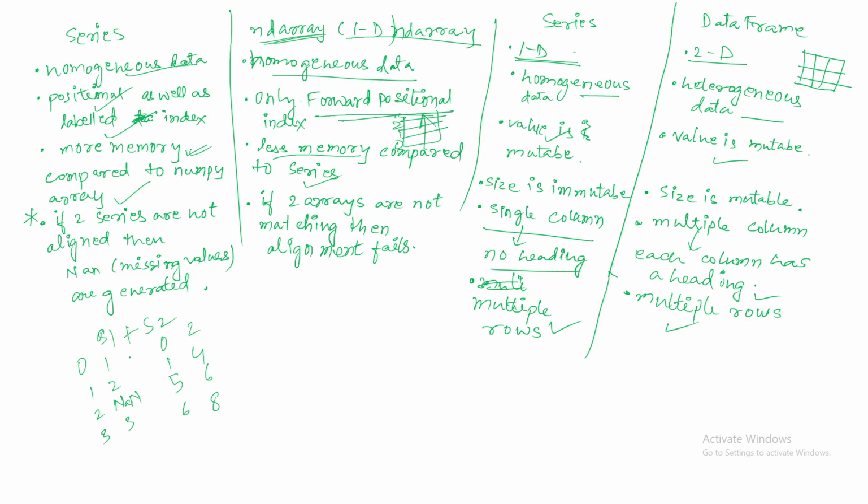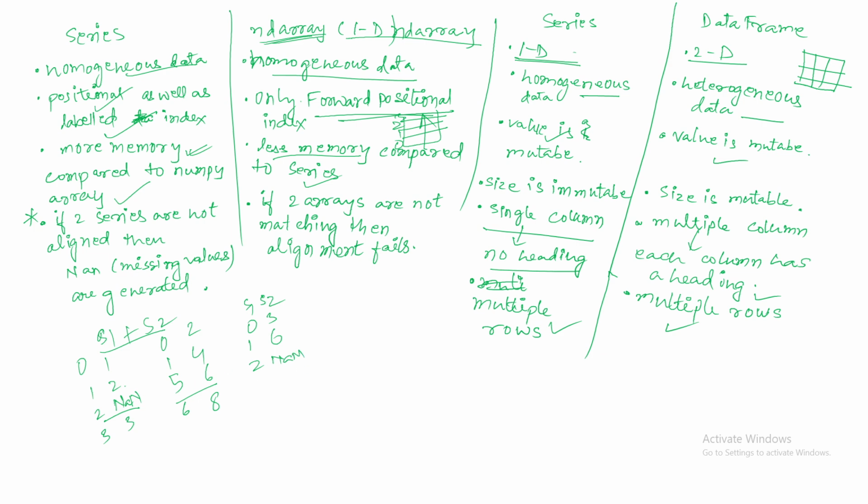Index anything. So now whenever we align at 0 index, we are adding it. So 1 plus 2, what will come? S1, S2, answer 3. Now 1 index, 2 plus 4, 6. So at 1 index, 6 will come. Now 2 index is here, but here no 2 index. So at 2 place what will come? NaN. Here a missing value is given.